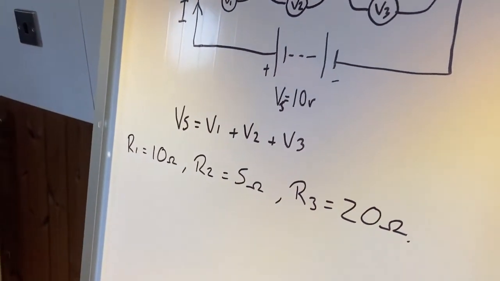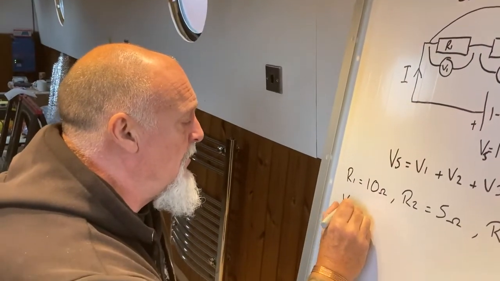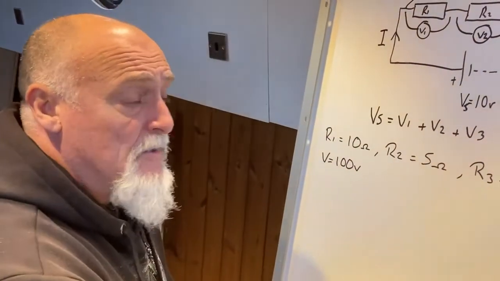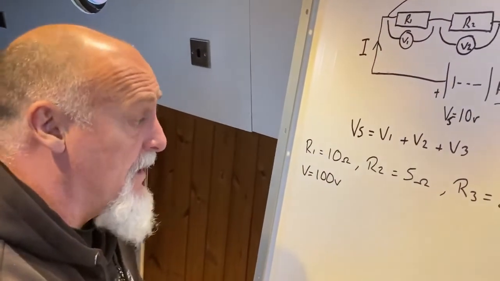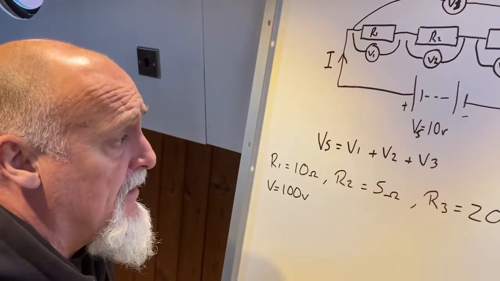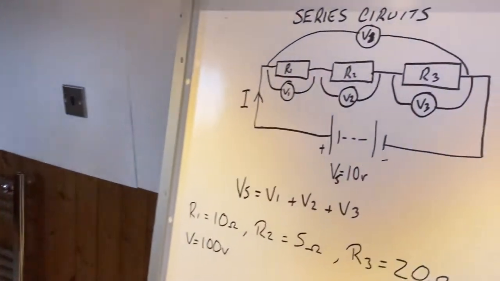Okay. So first thing, and we have a voltage of, let's say, 100 volts. Just to try and make the numbers a little bit easier. Not sure they will be, but there we go. So let's figure out, firstly, with our Ohm's law that we did last time, what the current is.